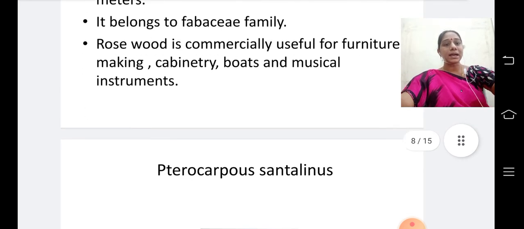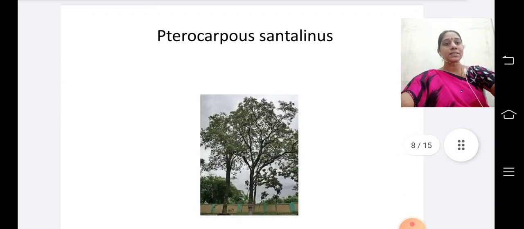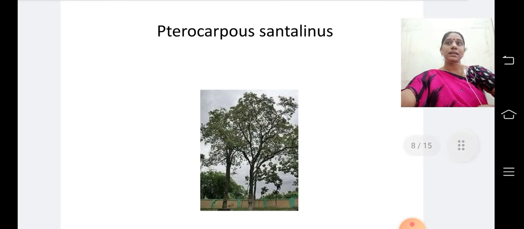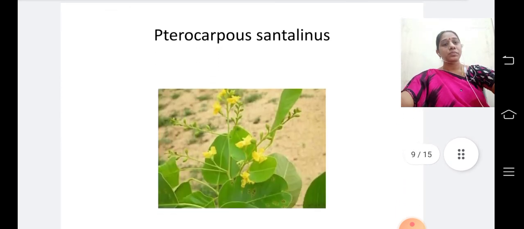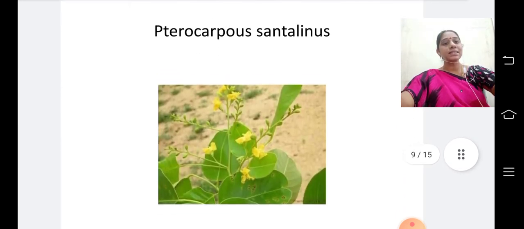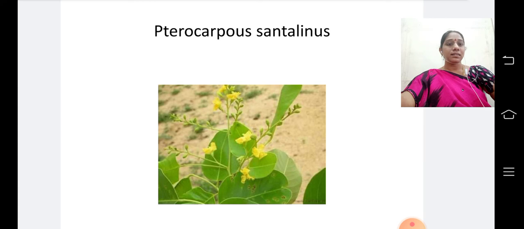So coming to the next plant, Pterocarpus santalinus. It is also a very important timber yielding plant belonging to the family Fabaceae. You can see this plant like this, with beautiful yellow colored flowers in inflorescence.